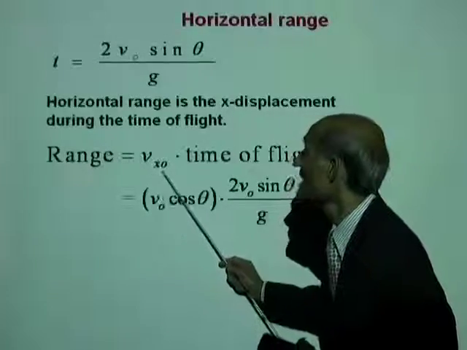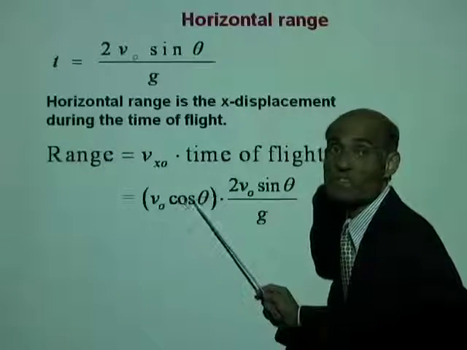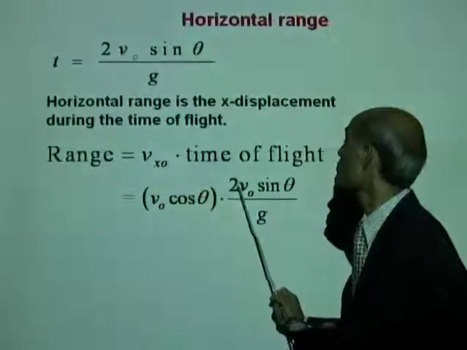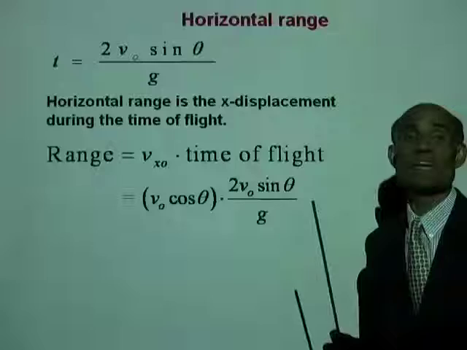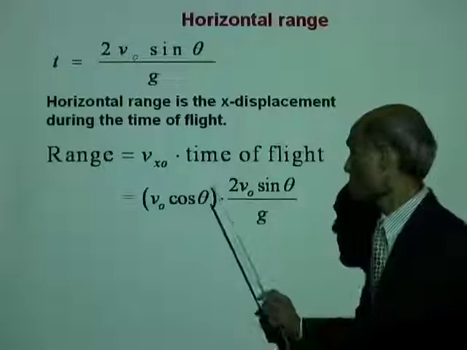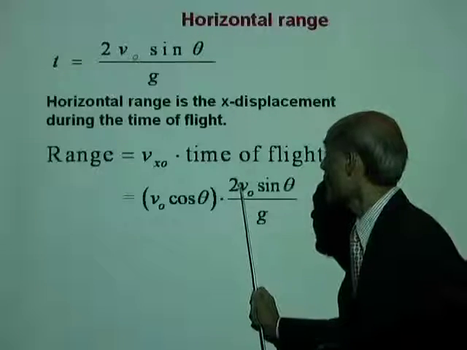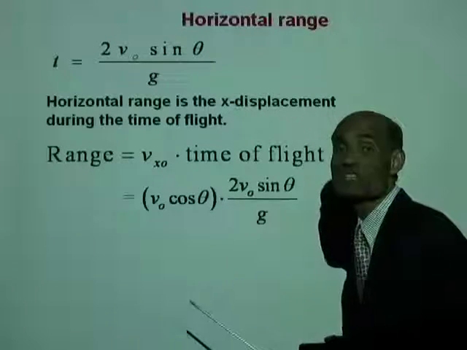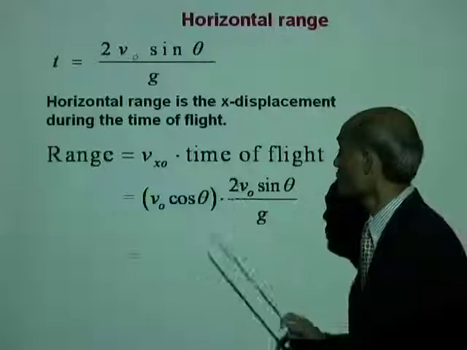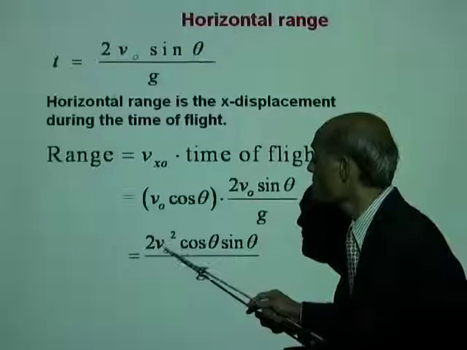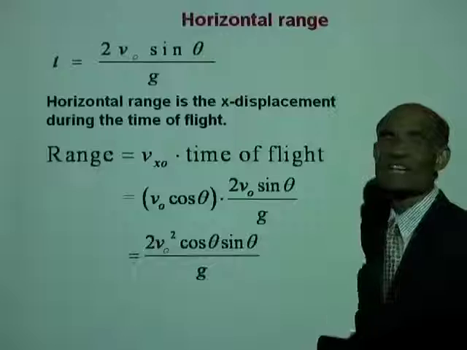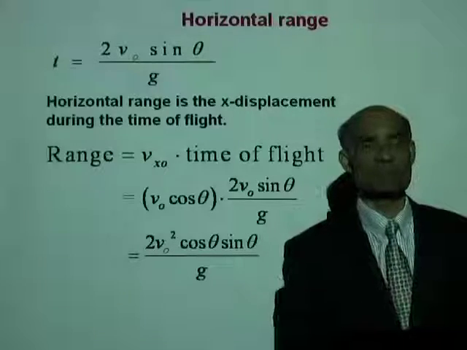So this Vx0 is V0 cos theta, and the time of flight is 2V0 sin theta over g. Alright, simplify this. V0 times V0 is V0 squared. So that will be 2V0 squared cos theta sin theta over g.